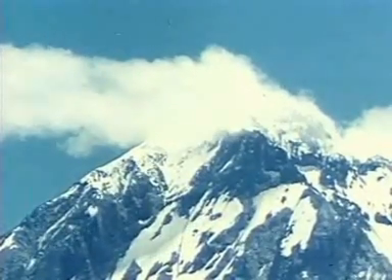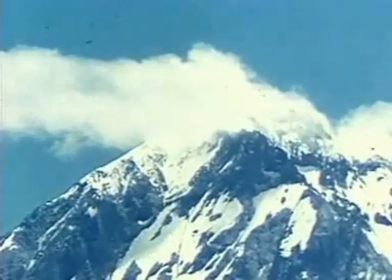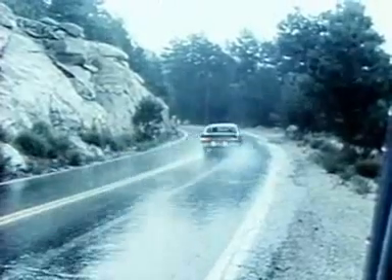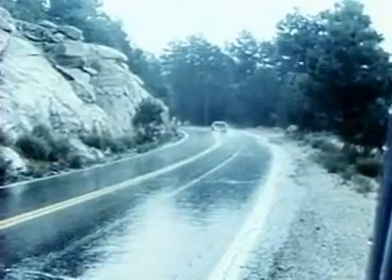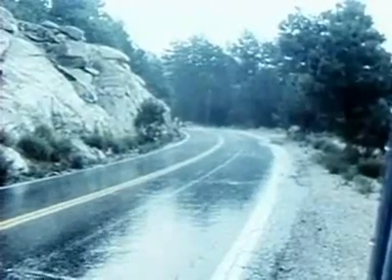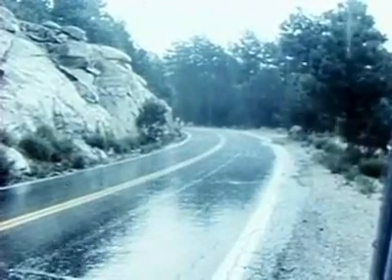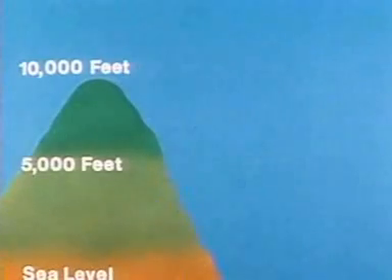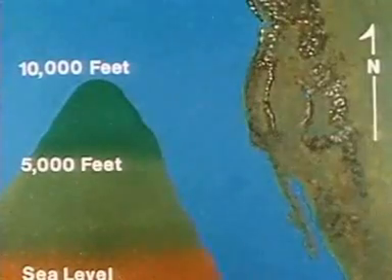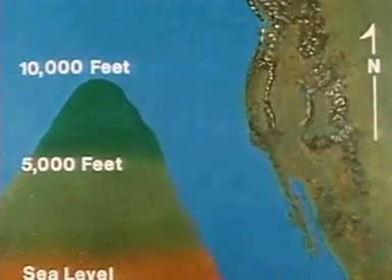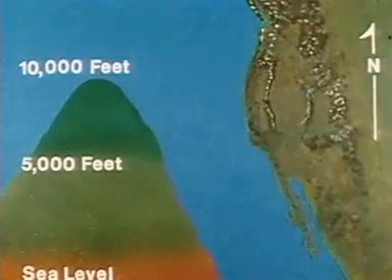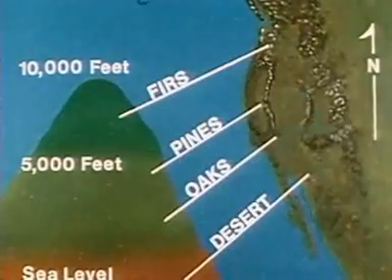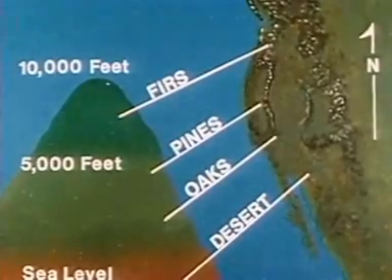Because of these two reasons, a mountain is cooler and gets more rain and snow the higher you go. So, going a few thousand feet up a mountain through the different climate zones is something like taking a long trip north from the deserts of the southwest to the cold country of the far north.